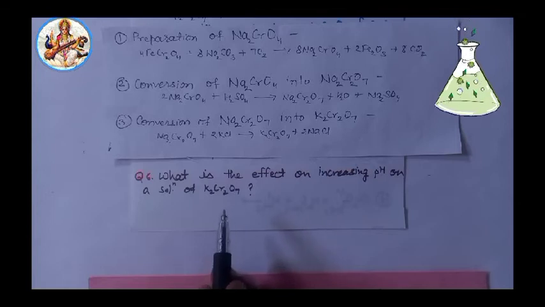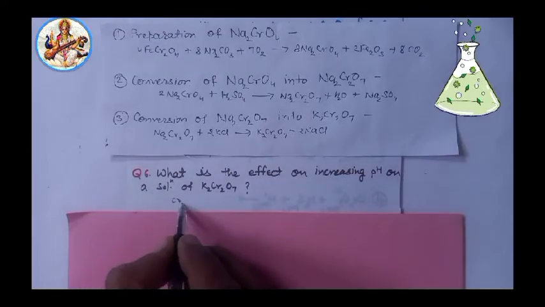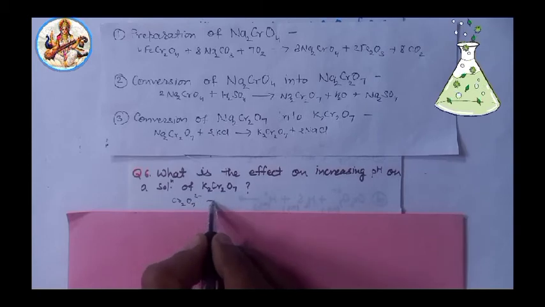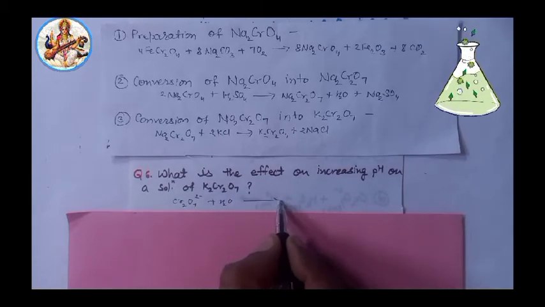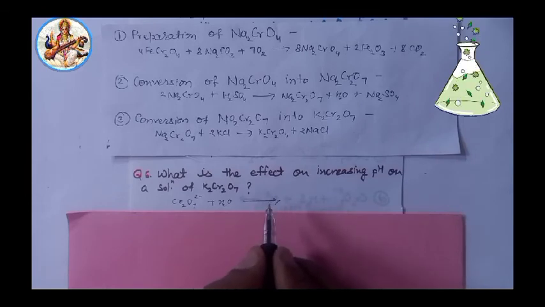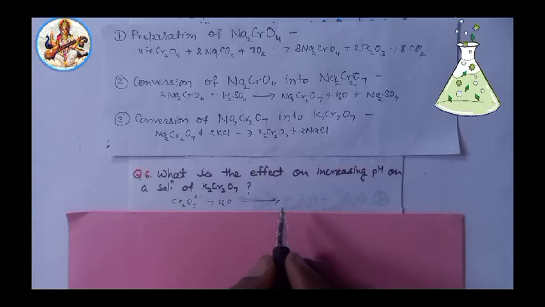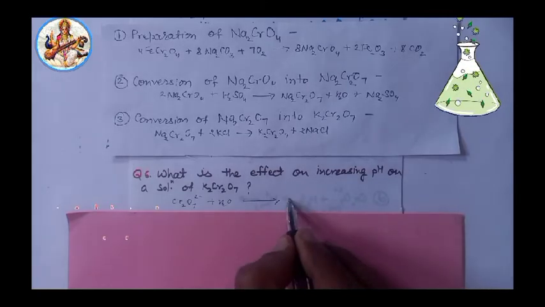On increasing pH, the orange color of dichromate changes into the yellow color of chromate ion. Chemical reaction: dichromate ion in aqueous solution. I repeat, on increasing pH, the orange color of dichromate changes into the yellow color of chromate ion.